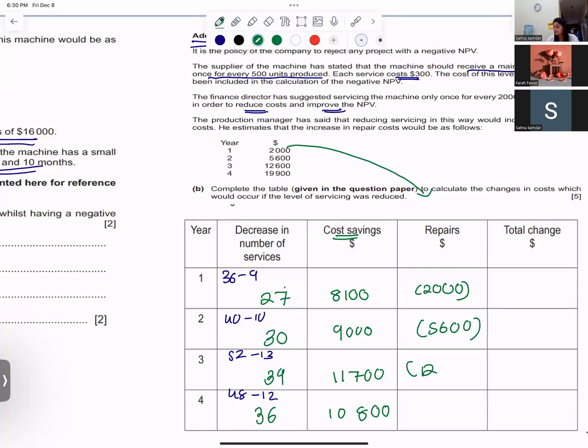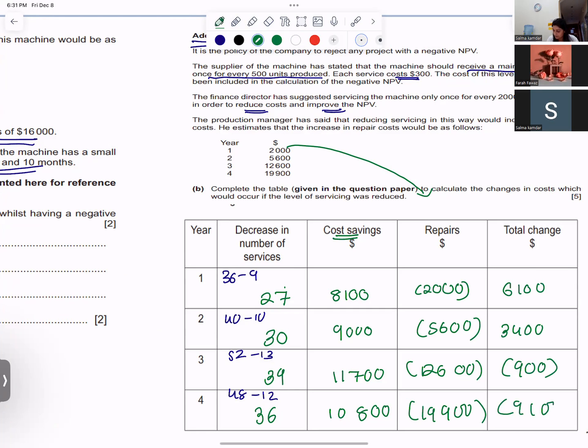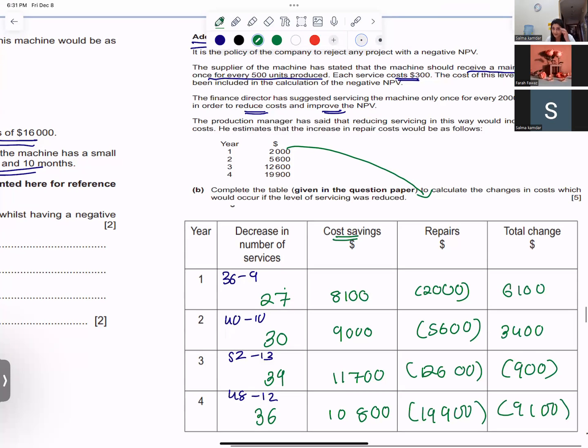Okay. So what is your total change? 6,100. 3,400. 900 and 9,100.